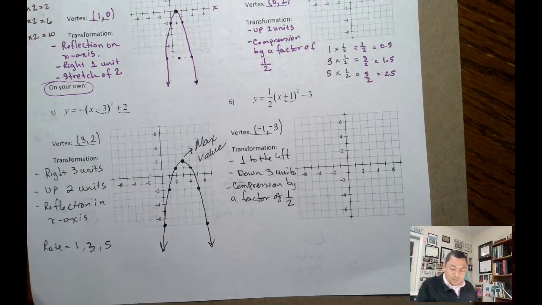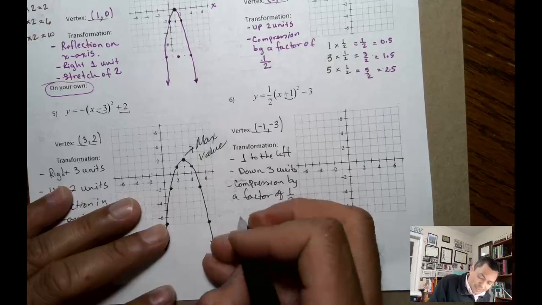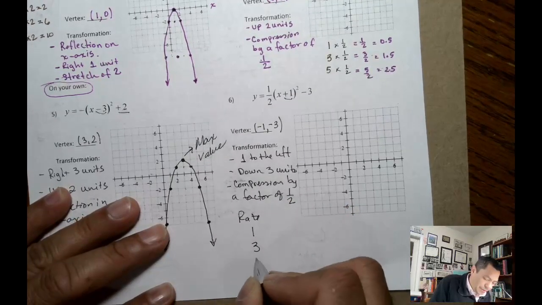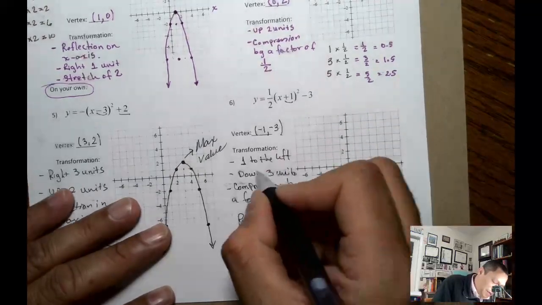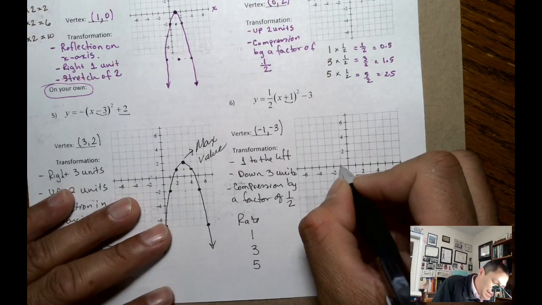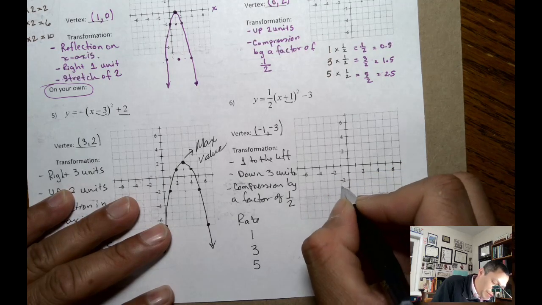So remember the rate in this case: 1, 3, and 5. So let's start with the vertex, -1 and -3. -1 in x, then 1, 2, 3.